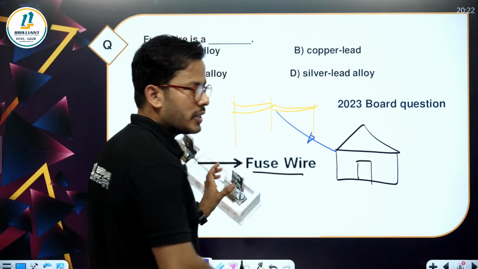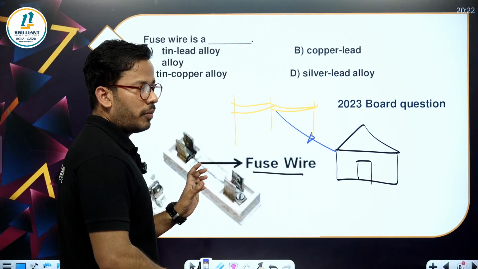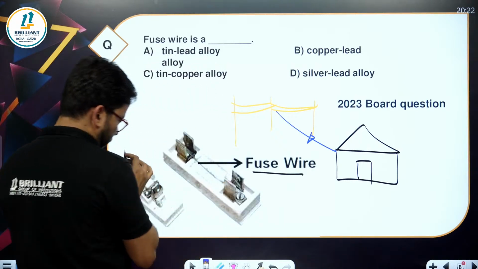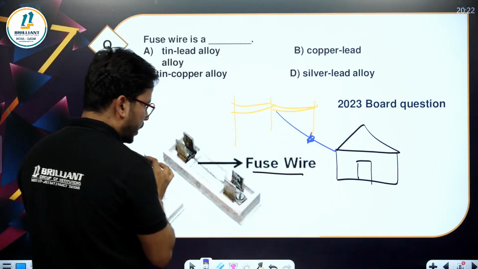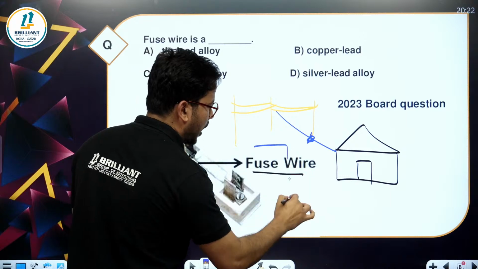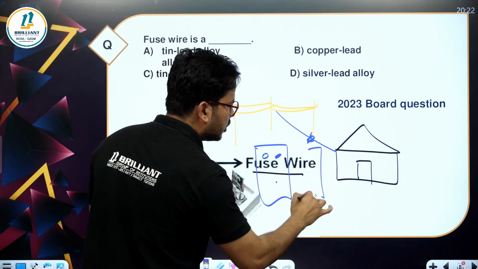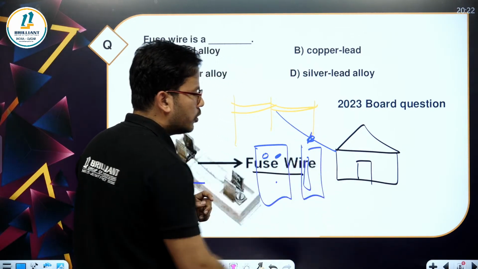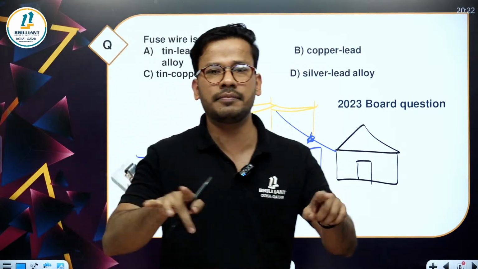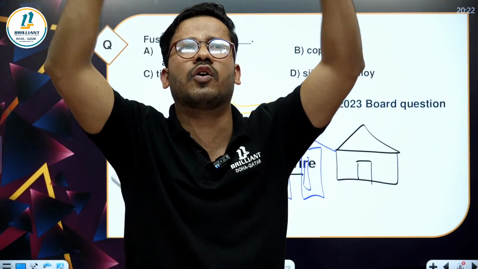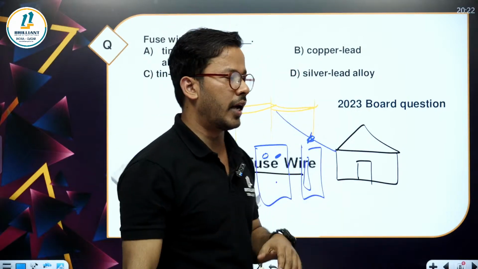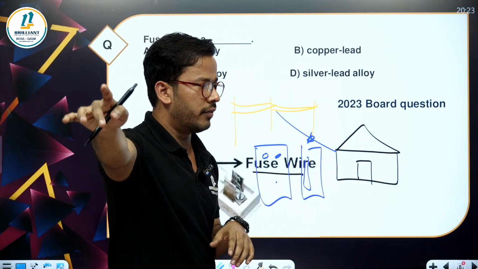So we know the domestic electric circuit. When this wire comes, it first encounters this fuse wire, and then we have the other device, the electric meter and distribution box. You remember, right? The distribution box distributes the current in different circuits inside our home, 15 ampere and 5 ampere rating. I guess you guys know this very clearly.